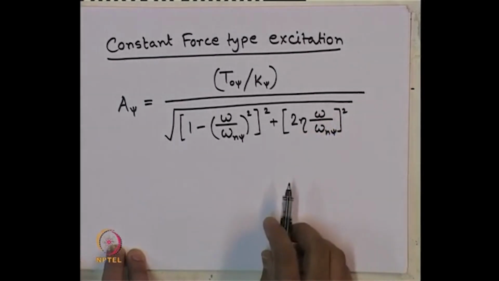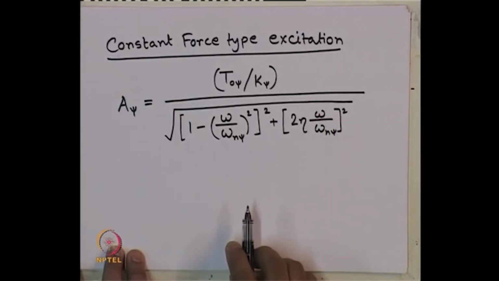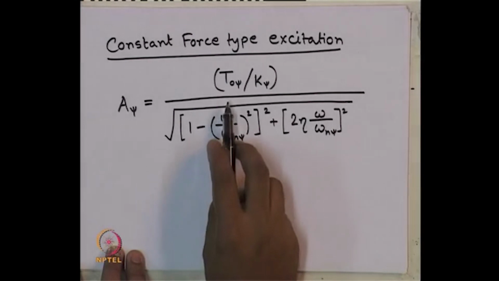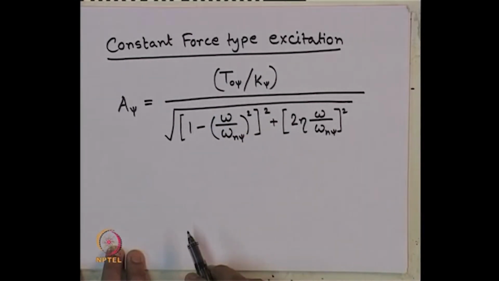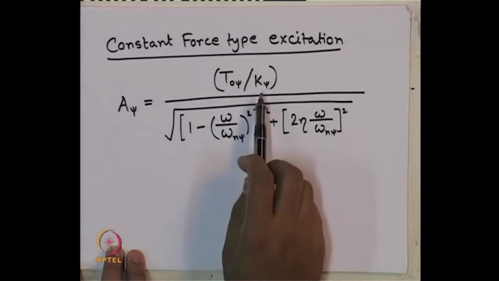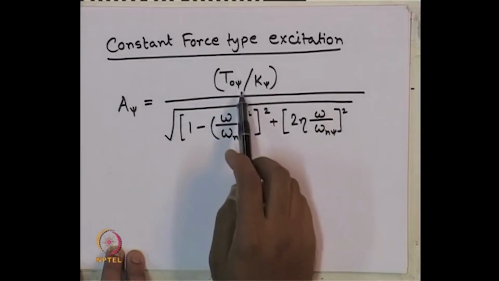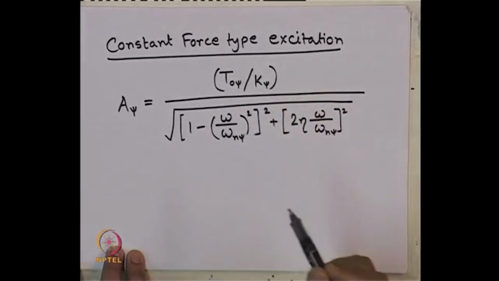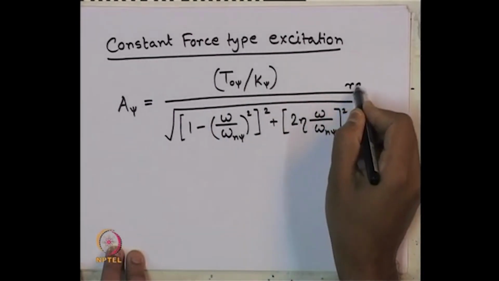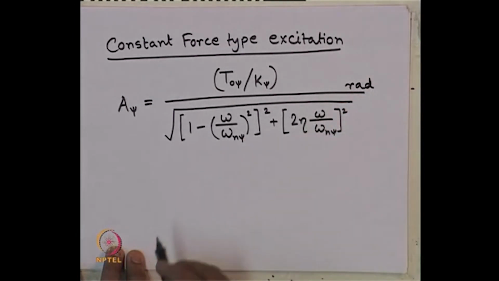So, this is the expression as we had obtained earlier also in our module 2, that is vibration theory. The expression for displacement amplitude remains similar, only the type of forces etcetera changes. And in this case, this is moment by the rotational spring constant. So, whatever value we will get, that will be guided by this expression. Here it will come in which unit? Radian, because it is a rotational displacement amplitude.